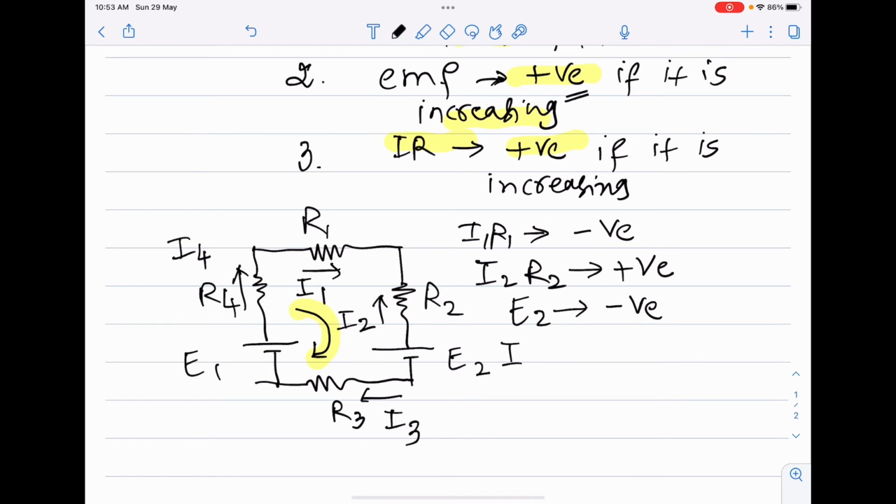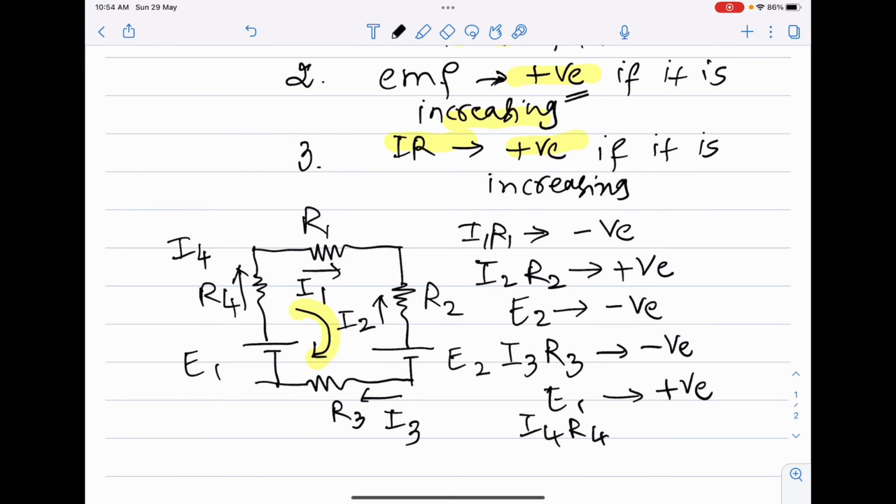The voltage drop I3 R3 is treated as negative because it is decreasing in the direction of tracing. The EMF E1 is to be treated as positive because we are going from the negative terminal to the positive terminal, and therefore it is increasing. And the voltage drop I4 R4 is also negative because the voltage drop is decreasing.